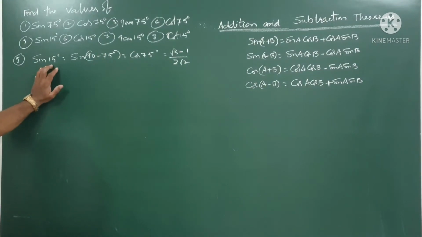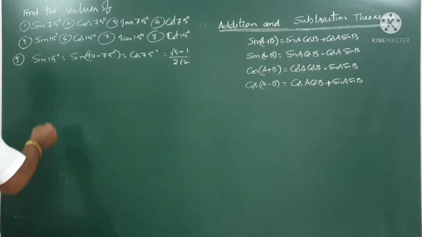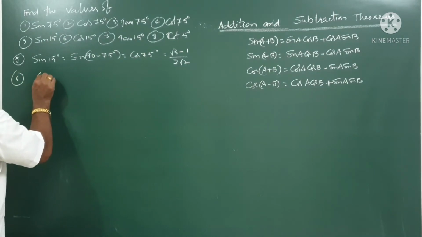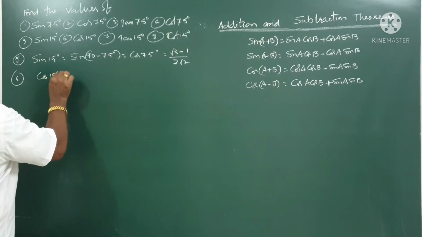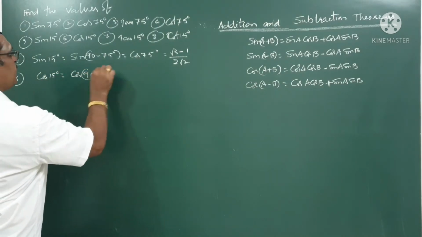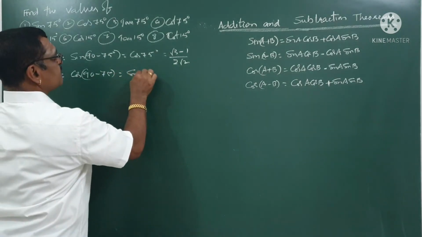Otherwise you can do sin 15 as sin of 45 minus 30, apply the identity, then substitute the values, then you will get the answer. Next one, come to the sixth one. We are smart people, so we have to use the smart method. This is 90 minus 75, which is nothing but sin 75.